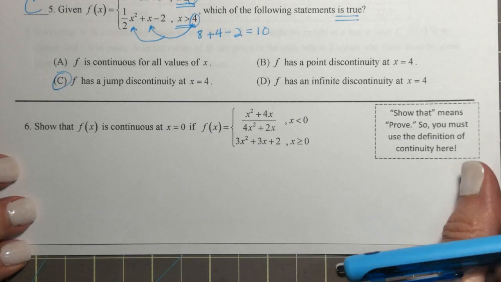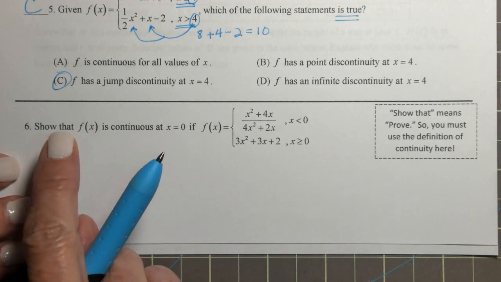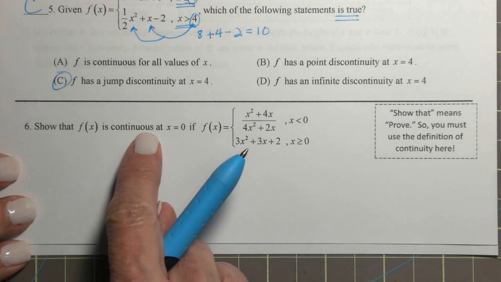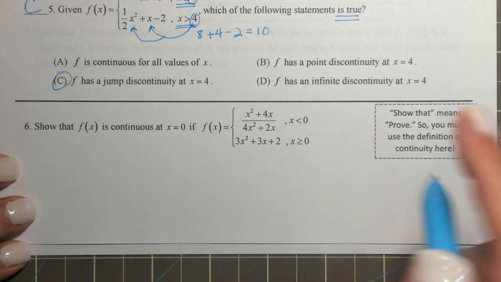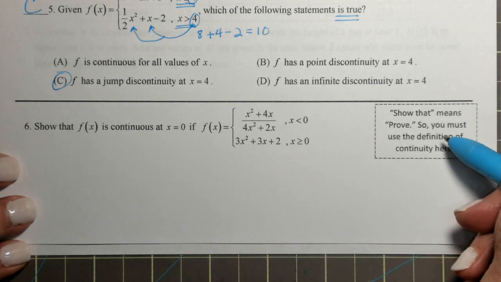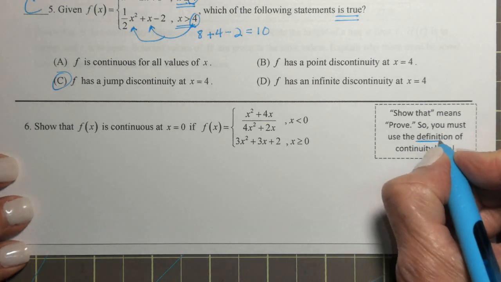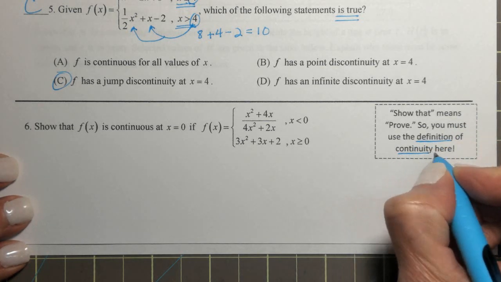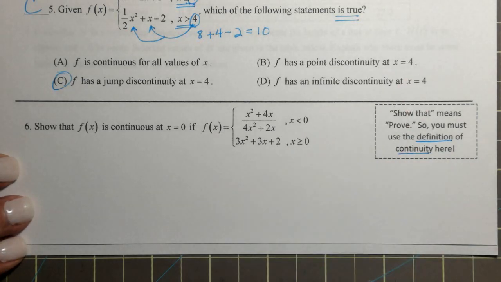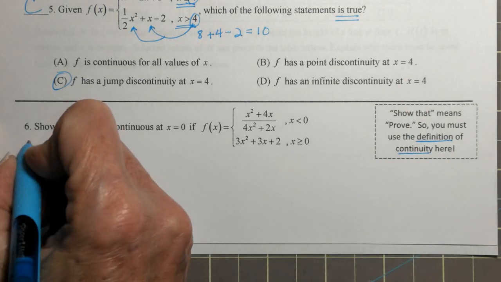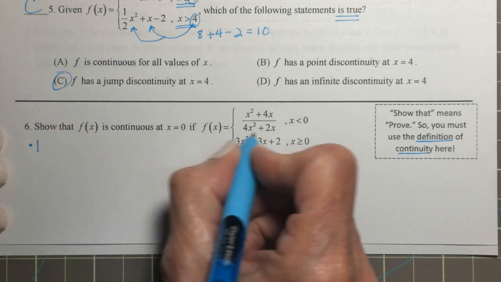Okay, number 6, show that f is continuous at x equals 0. Show means you must prove it, all right? So we have to use the rigorous definition of continuity. We need to show 3 things. Piecewise function.